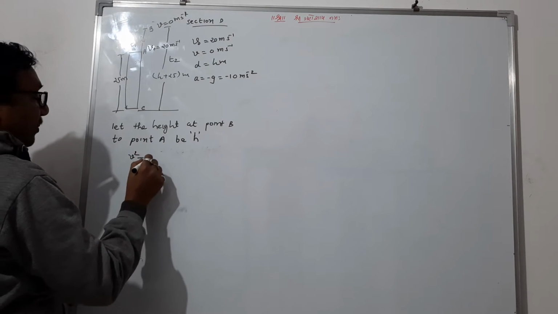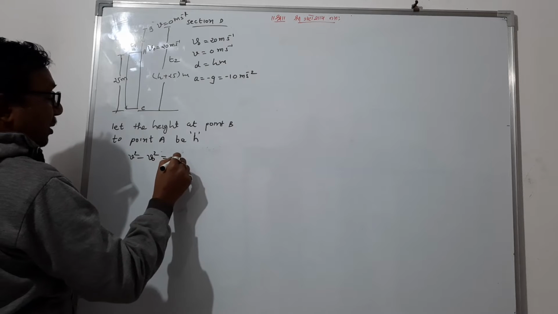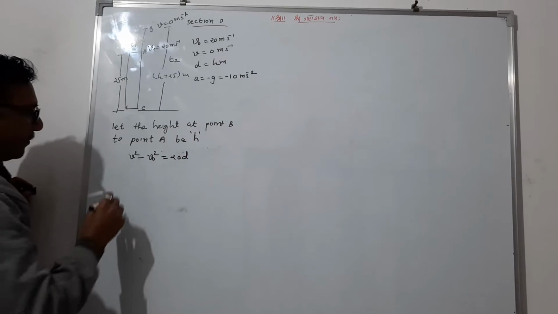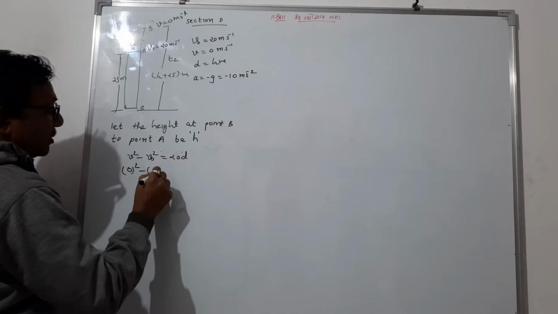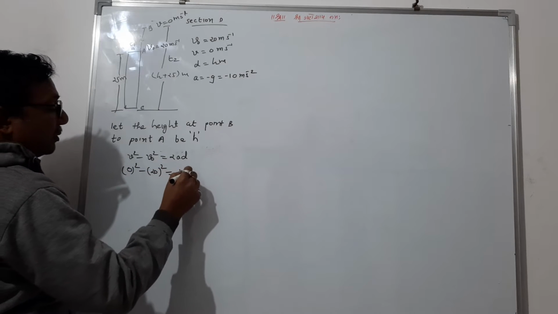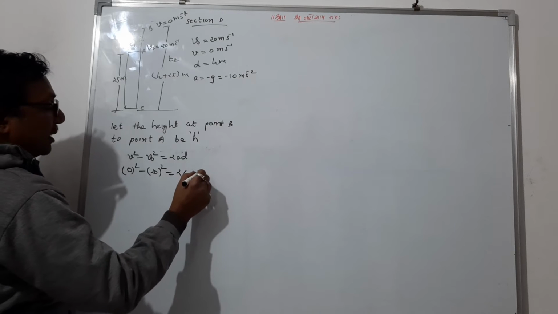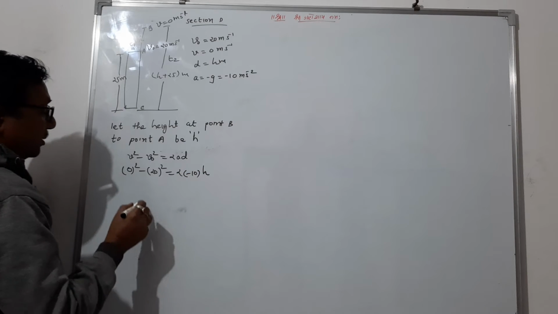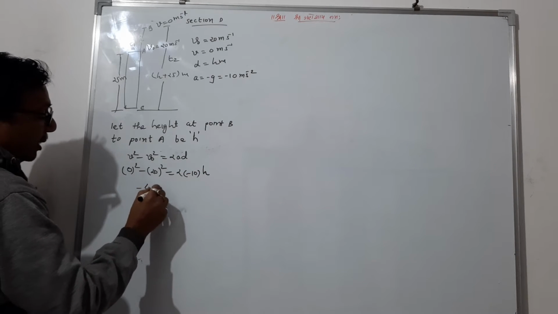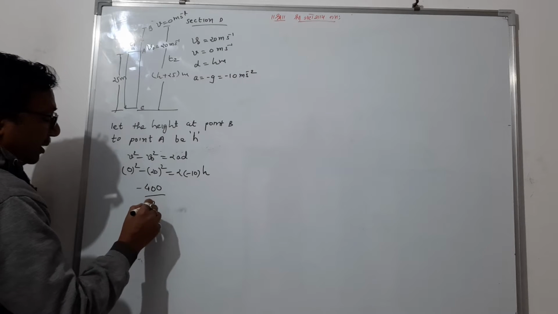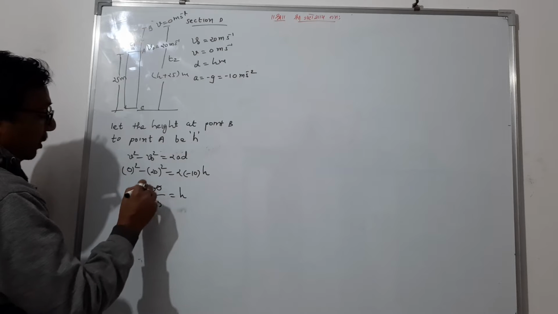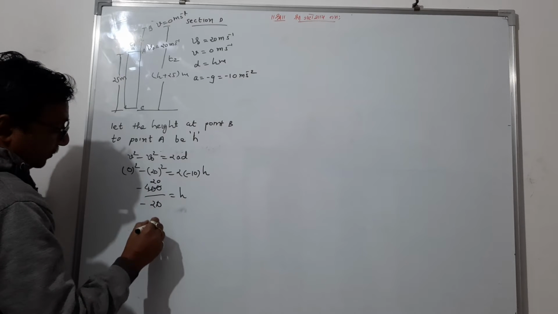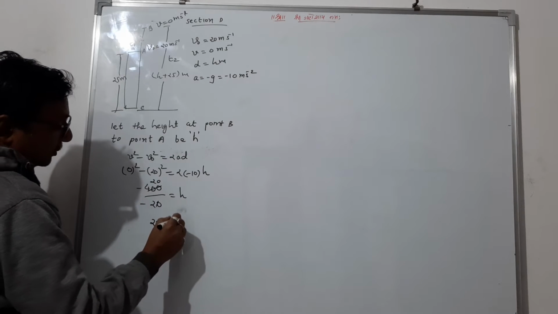So v square minus v0 square is equal to 2as. So this is 0 square minus 20 square is equal to 2 into minus 10 into h. So minus 400 divided by minus 20 is h. So you got here 20 meter, h.